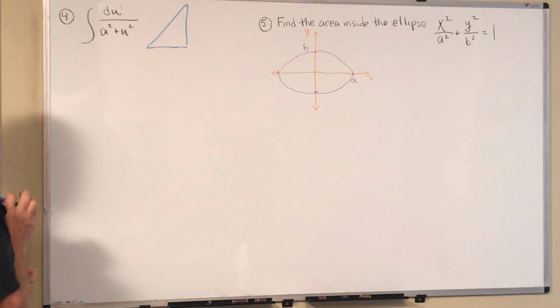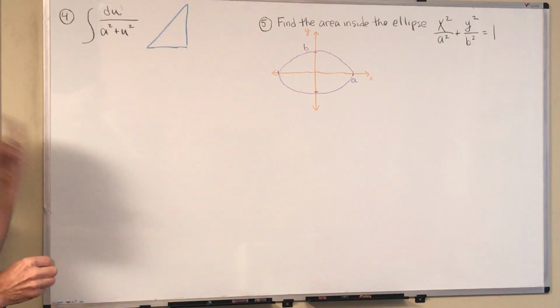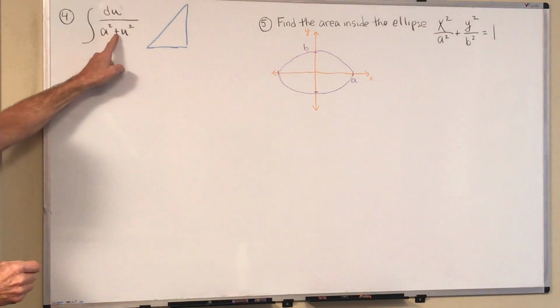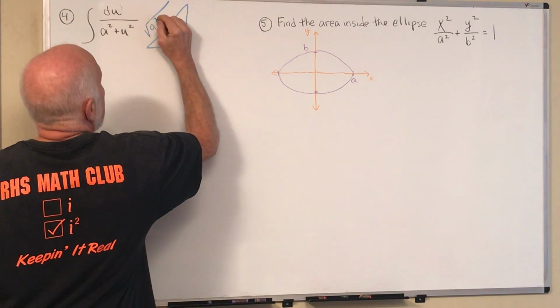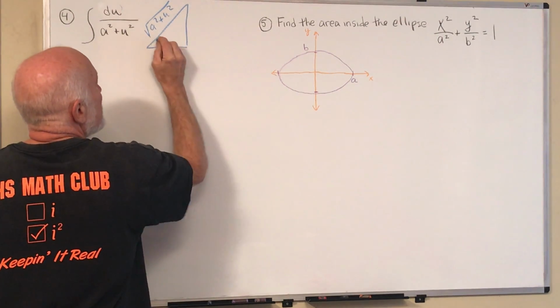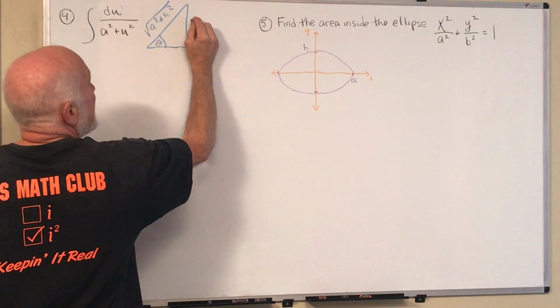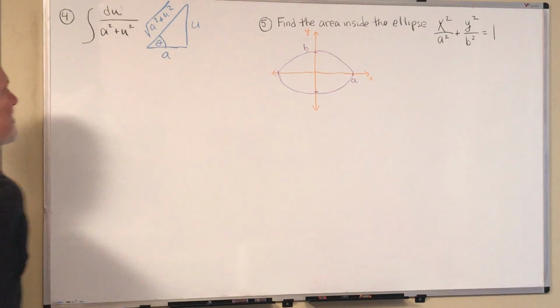The sides are going to be a and u and the square root of a squared plus u squared. Well, because it's plus, that's going to be on our hypotenuse. And I like to put then across from theta the variable, and then I'll put my a on this side.